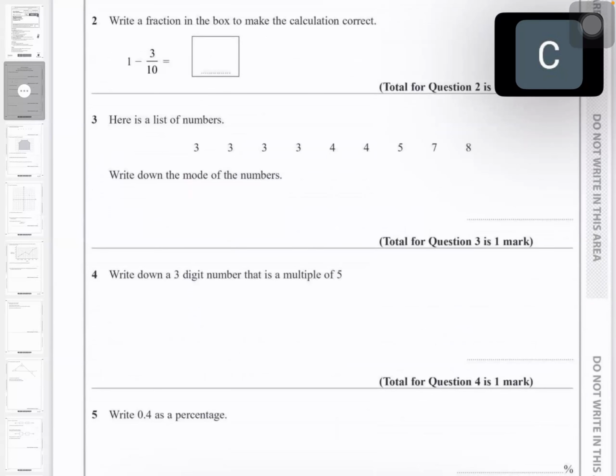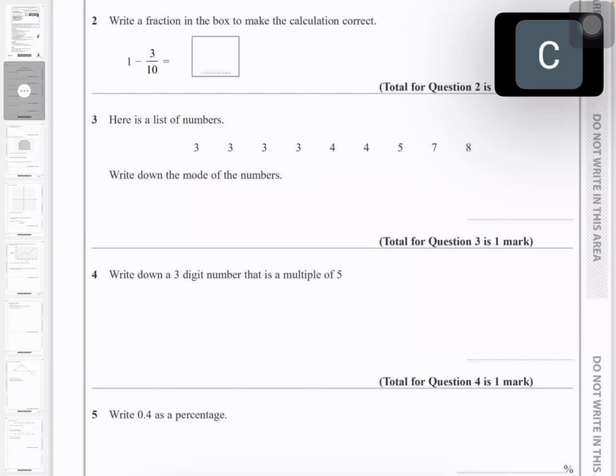Okay. So what does it say? Write a fraction in the box to make the calculation correct. Do you remember how we did something similar to this? 1 minus 3 over 10. Do you remember how we did it back then? No. The denominator is 10, right? If you have a 1 on the left-hand side, all you need to do is ask yourself, what would give us 1 in this scenario? A number divided by itself. In this case, our denominator is 10. So if we say 10 divided by 10, what do you have?